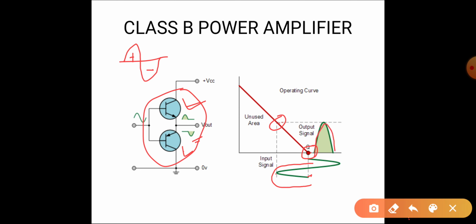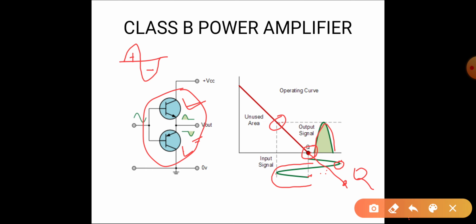What happens when there is a negative half cycle? For the negative half cycle, your Q point shifts downwards. So the Q point will be here somewhere. For this Q point, you will not be getting any output because it is beyond the graph, beyond the load line.